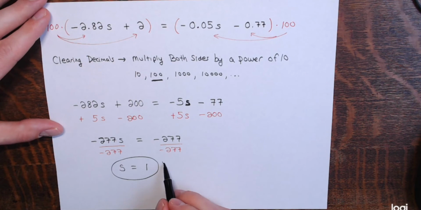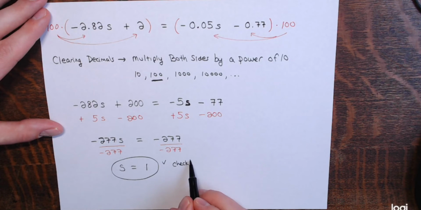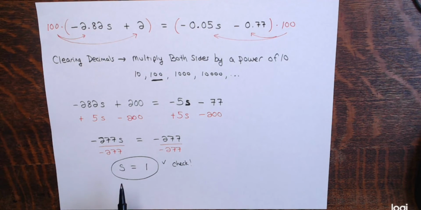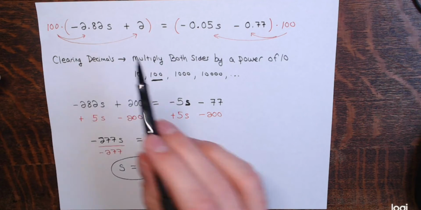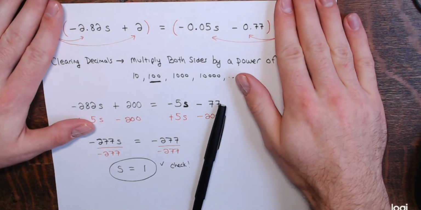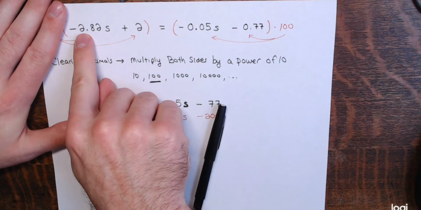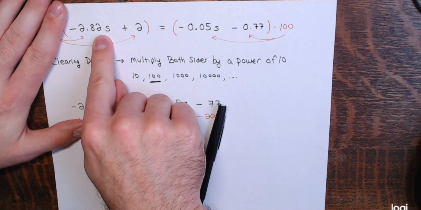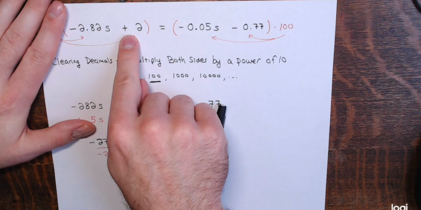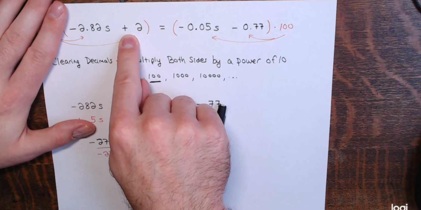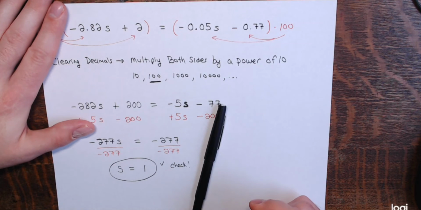And then don't forget to check your solutions if you have time, or if you're really worried about getting things right or not. Plug 1 in for s back in the original equation, right? So before I multiply by 100, back in the way the equation originally looked. And you'd have negative 2.82 times 1, which is negative 2.82, plus 2 would be negative 0.82. So you have negative 82 hundredths on the left.